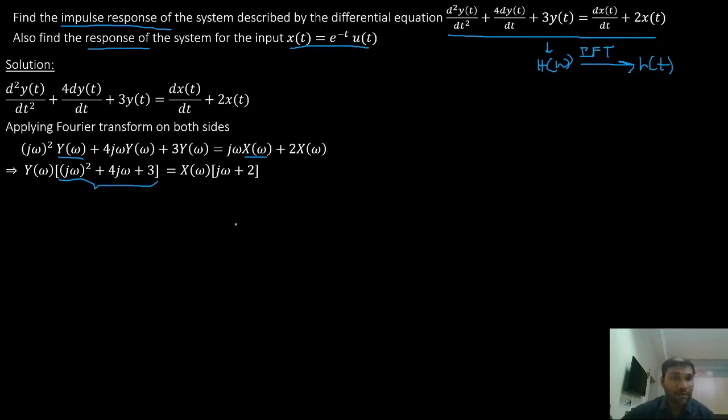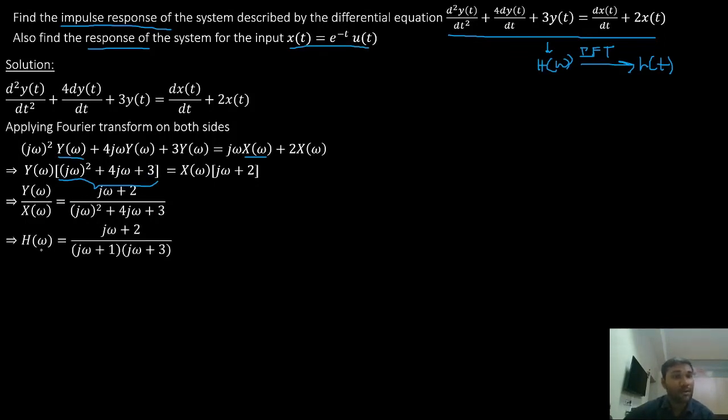So y of omega divided by x of omega is equal to j omega plus 2 divided by j omega square plus 4j omega plus 3. This is nothing but my transfer function h of omega. Here the denominator is a quadratic expression.